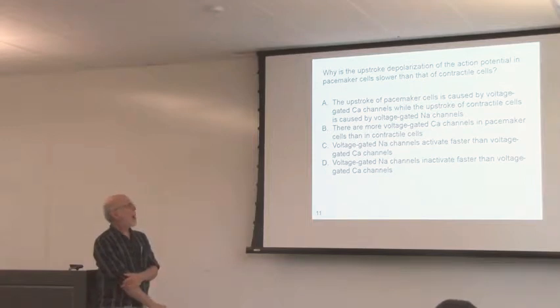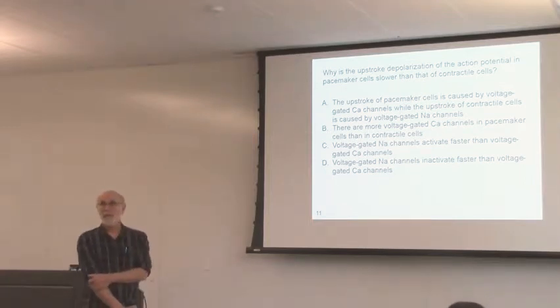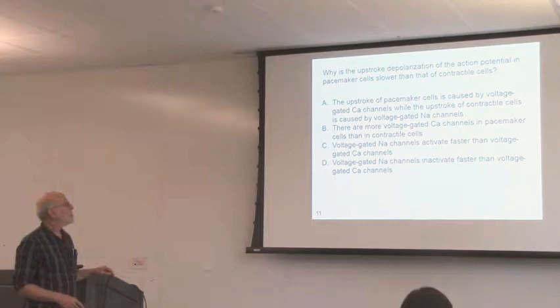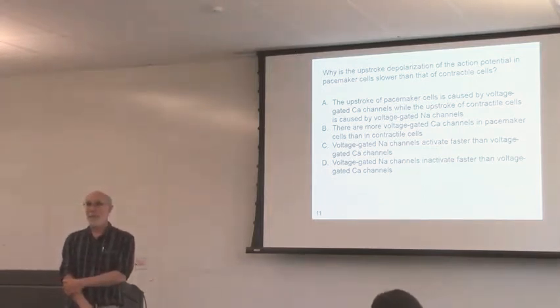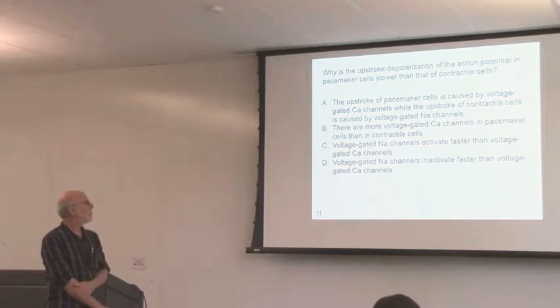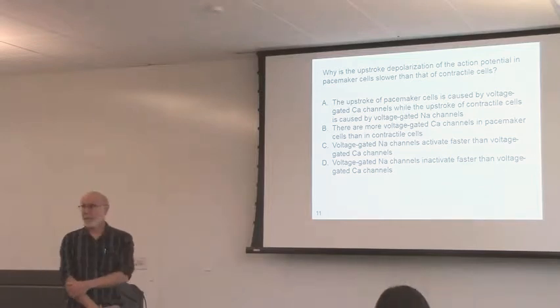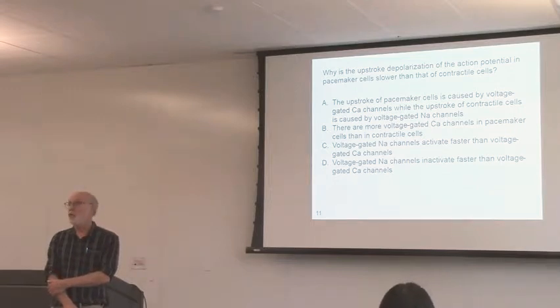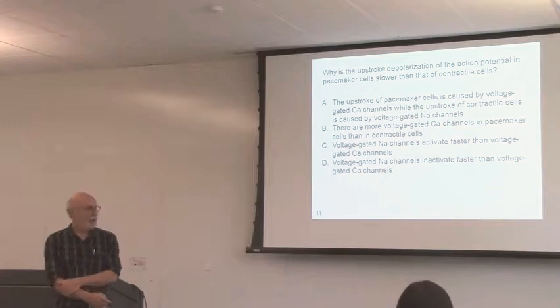Okay. Why is the upstroke depolarization in pacemaker cells slow compared to the upstroke of the depolarization of contractile cells in the atria and the ventricles? Show me your answers. Again, I'm going to give you a hint, but hopefully the hint will be helpful this time. There are 2 correct answers. Good, that one worked.